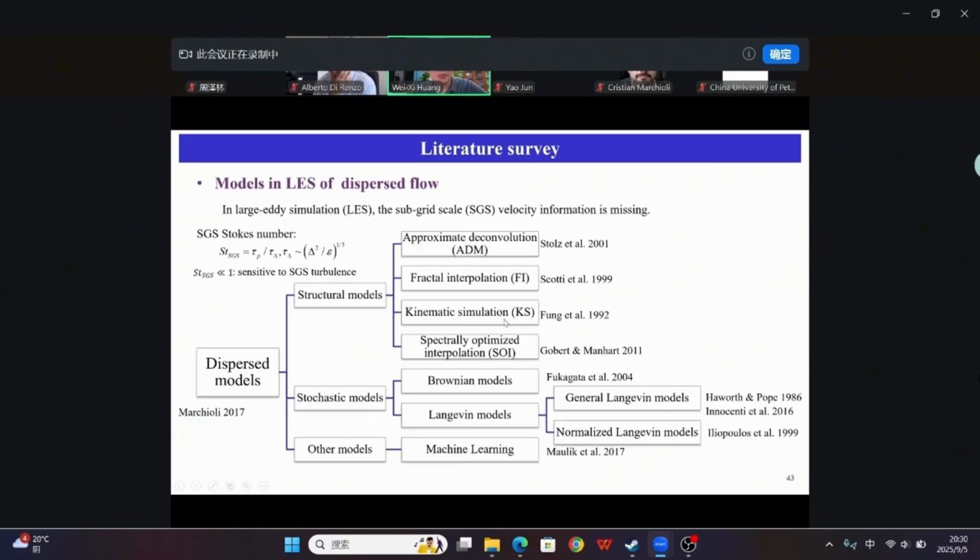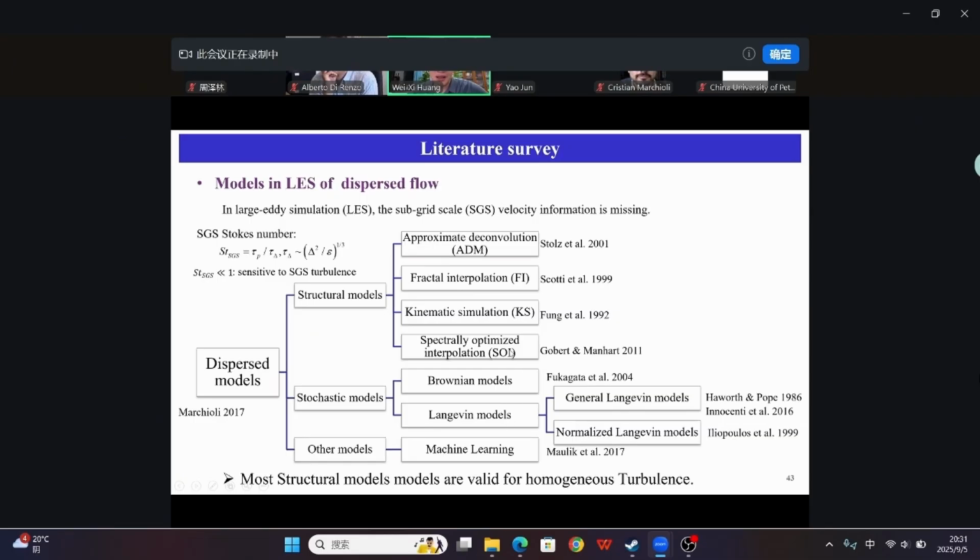Another issue I'm concerned with is the modeling. Based on the physical understanding, it's also important to propose some kind of large eddy simulation model. This follows the review by Professor Marchioli. There are several classes of SGS dispersed turbulence models, like structural models and stochastic models and some recent work.